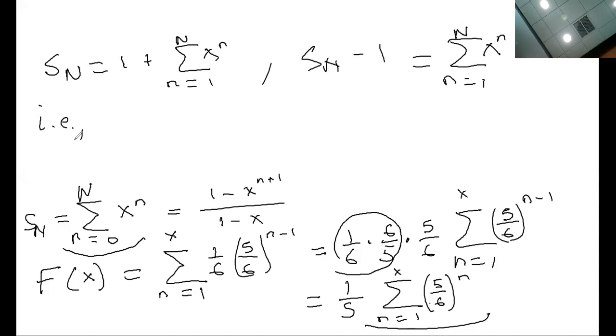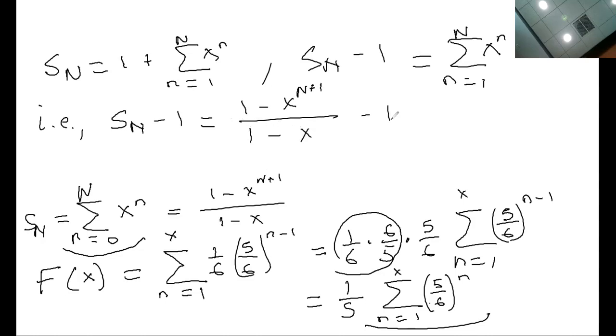We will say that Sn minus 1 is equal to (1 minus x^(n+1), this is capital N) divided by 1 minus x, minus 1, which is (1 minus x^(n+1) minus 1 plus x) over 1 minus x, which is equal to x minus... this 1 is gone.